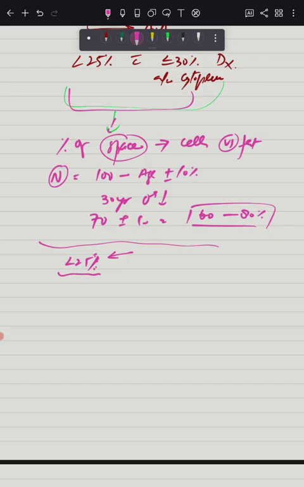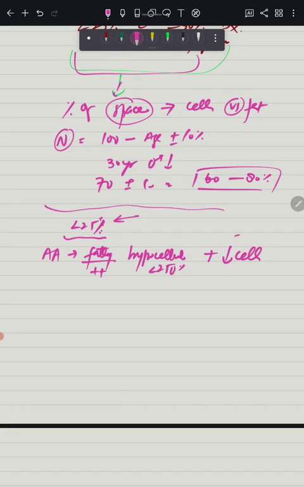That's why in aplastic anemia we have fatty hypocellular marrow. So fat is more, cells are less than 25%, and there is marked decrease in all three cell lineages, and there is no sign of malignancy, fibrosis, or infiltration there.